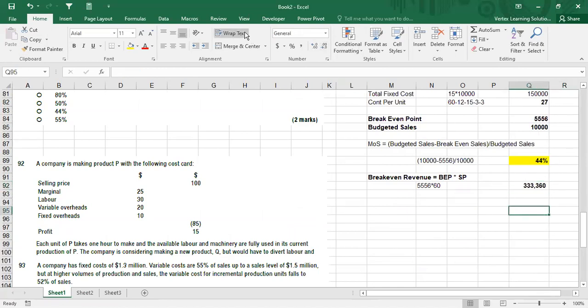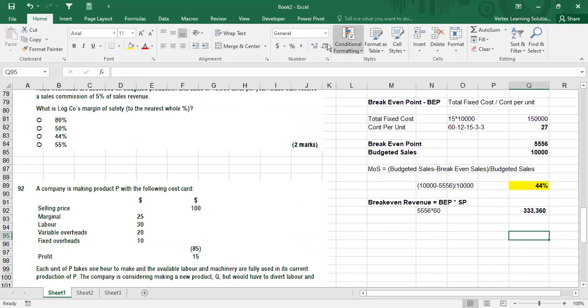It says, now we have concluded the answer was 44%. Let me tell you what the scenario is. The scenario is that I need to sell 5,556 units to break even, where there is no profit, no loss. But I am planning to sell 10,000 units, well above my break-even. If I sell 5,556 units, my revenue should be $333,360.